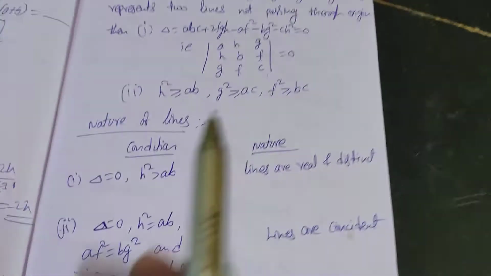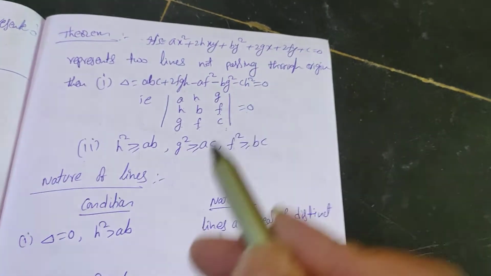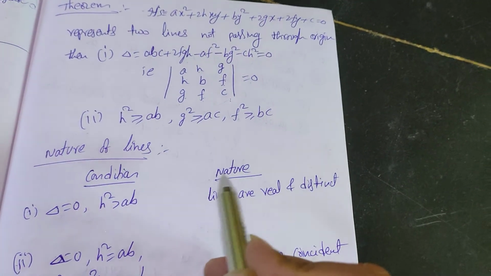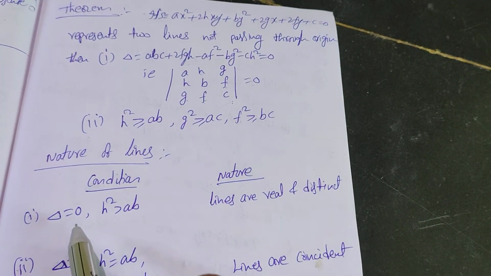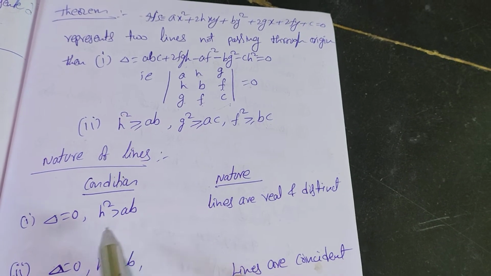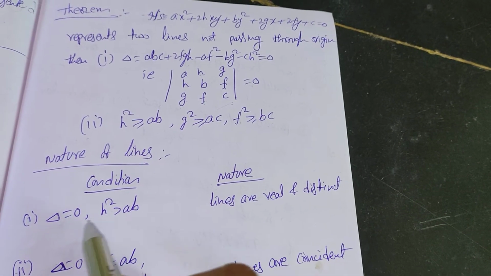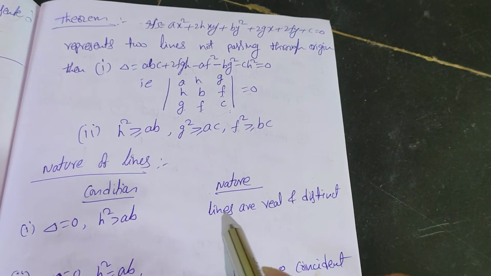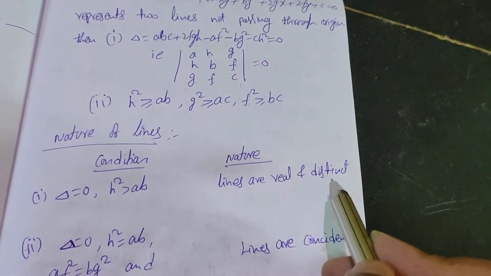Now, the nature of those two lines, how it will be. If delta is equal to 0 and h square is greater than ab, then those two lines are real and distinct.